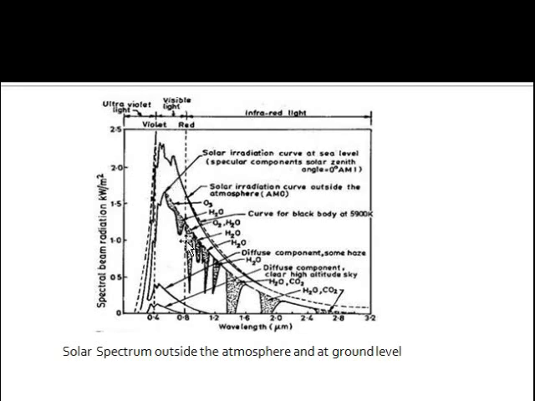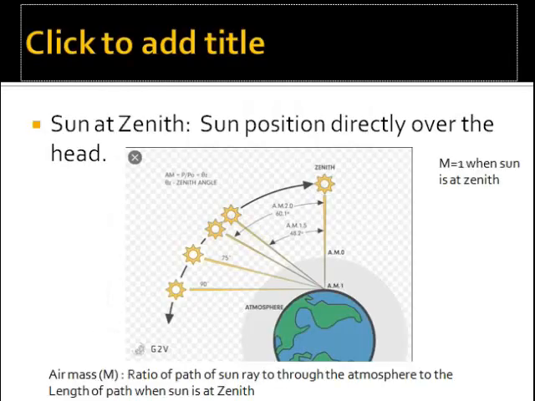If you divide, you will get the transmission factor, and this transmission factor is 0.633 for air mass equal to 1. Then it is 0.276 for air mass 5.